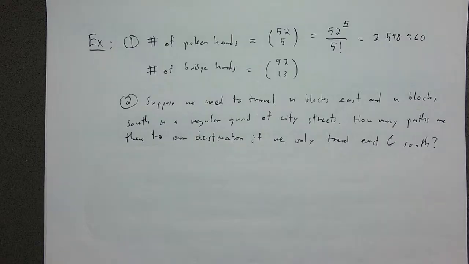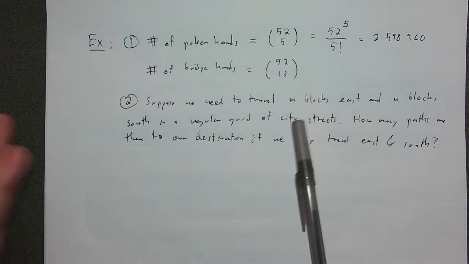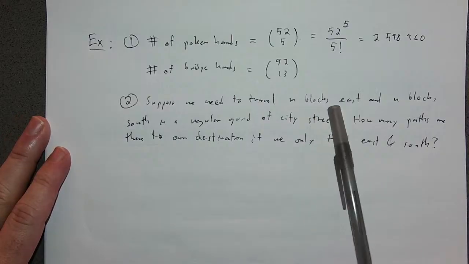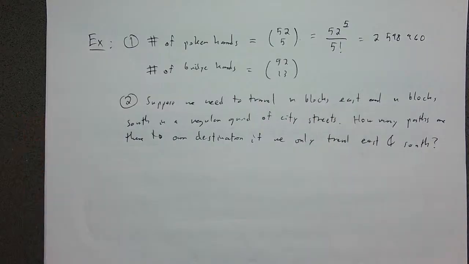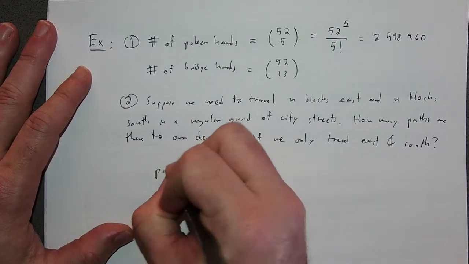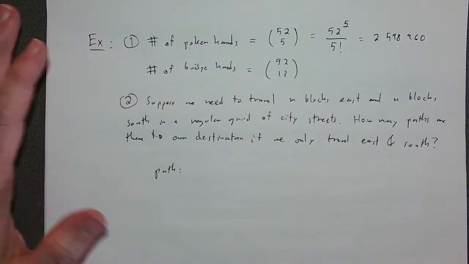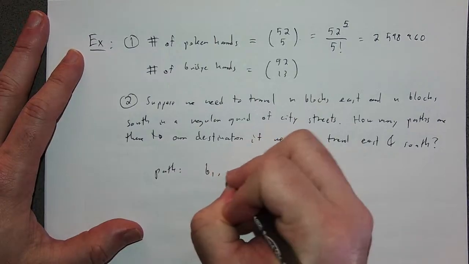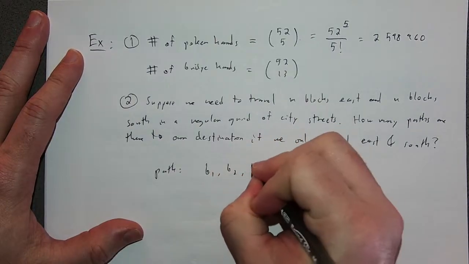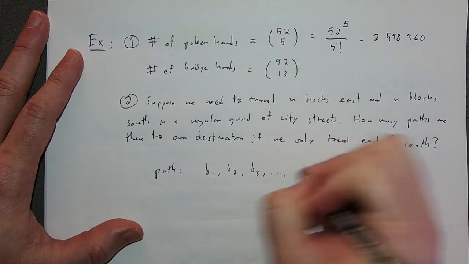So at the end of our journey, we will have traveled m blocks east and n blocks south. So we could think of our path as a sequence. The sequence is B1, then B2, then B3, and so on.